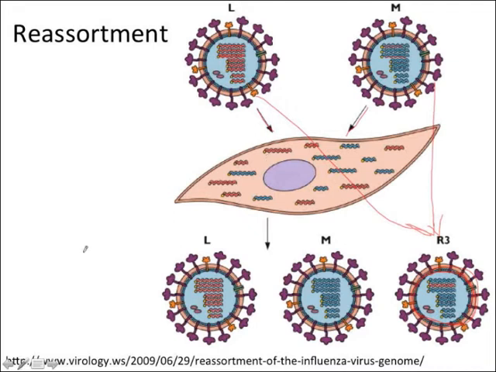So reassortment is another method for these reticulation events to occur. Any questions so far?